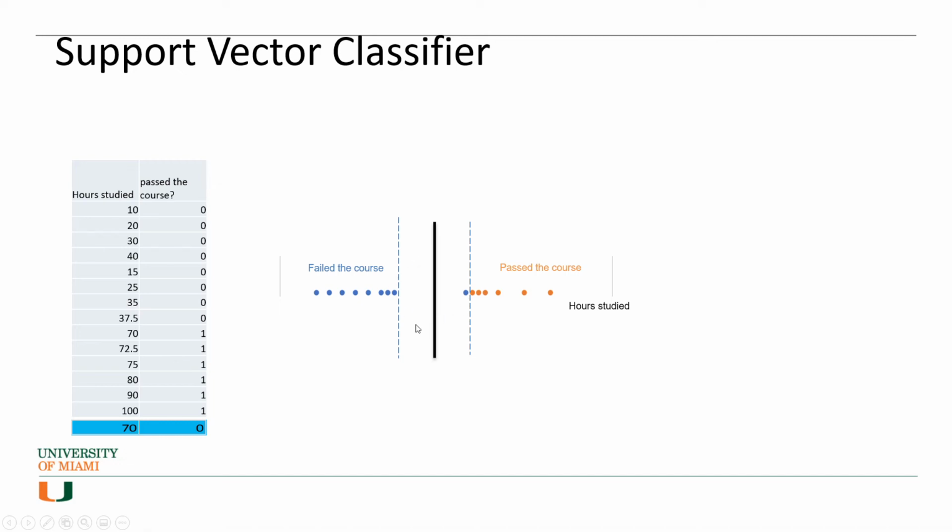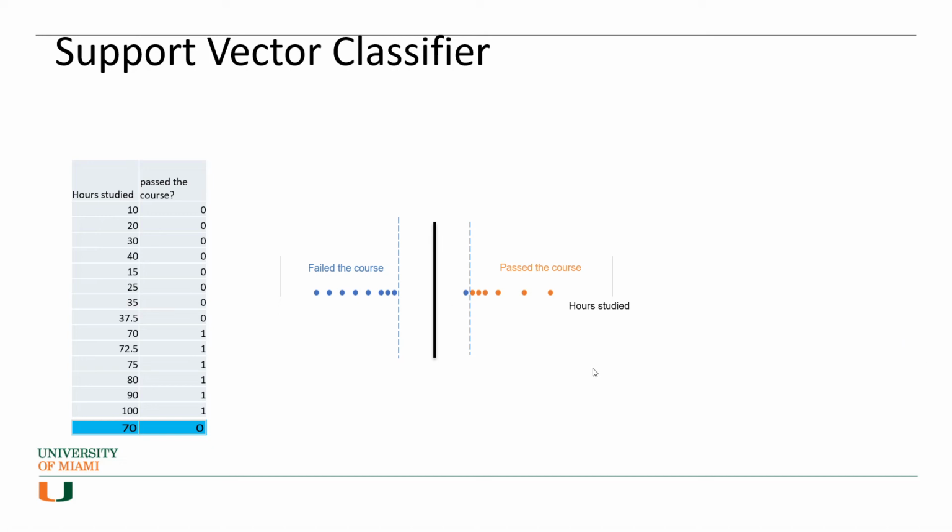So the task here is to find the widest street or the widest tube that you can run across your observations in order to classify them into two groups while accepting some level of error in the training as a trade-off for higher performance when it comes to testing.